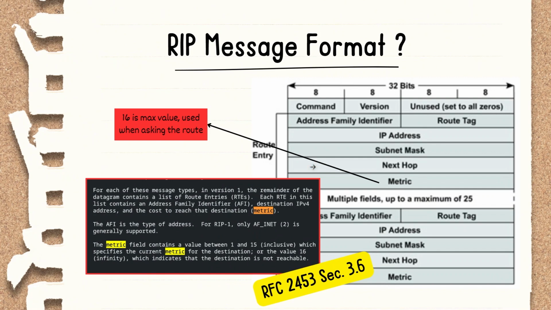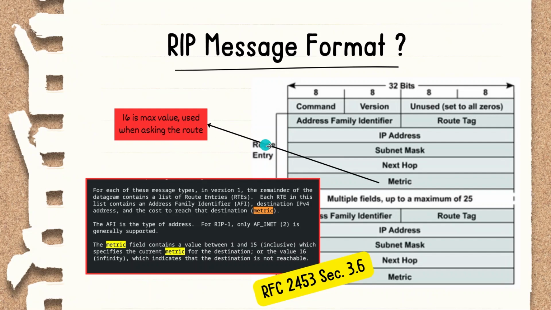Now this is the metric. In each route entry there will be a metric, and the metric value signifies the cost to reach the IP network that is being advertised. The value 16 is the maximum value defined inside RIP, and it is used when the routes are being withdrawn, or when asking for the routes.